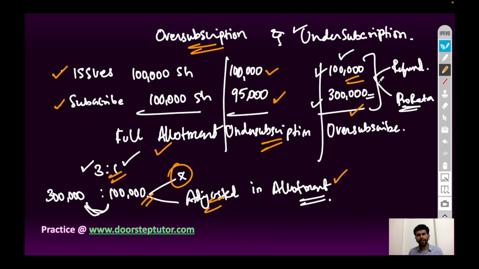So the journal entry in case of refund is different, and if the company issues shares on pro rata basis, then the journal entry will be different. So first let's take the case of refund.